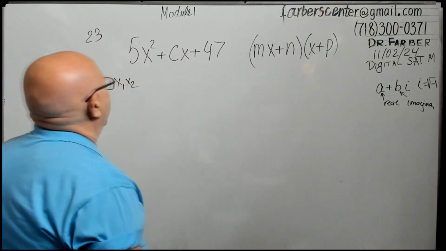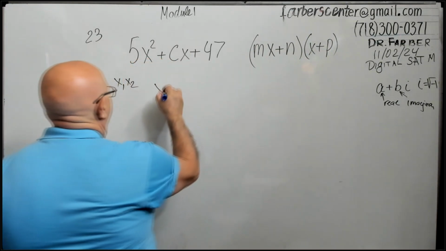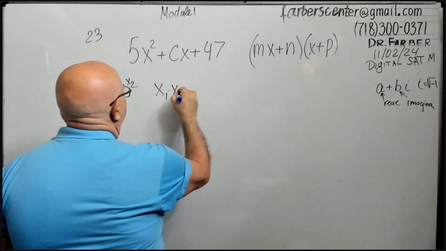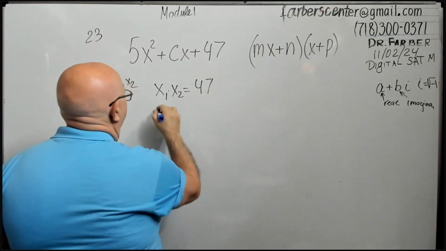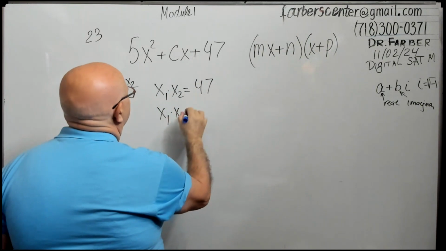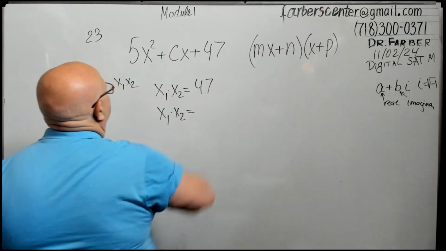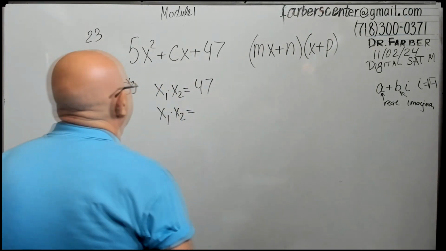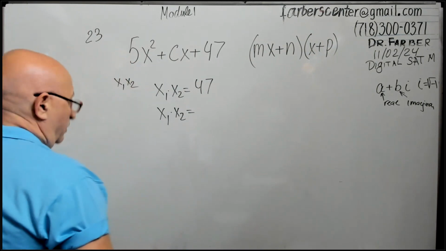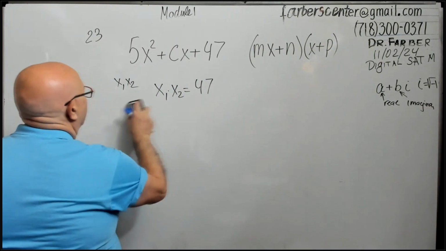And according to the François Viète theorem, you know that x1 times x2 equals 47 over 5. And the sum x1 plus x2 is supposed to equal c over 5 with the opposite sign. But they ask you based on this, right? And those are the rules. They don't ask you about c, they ask you about x1, x2.